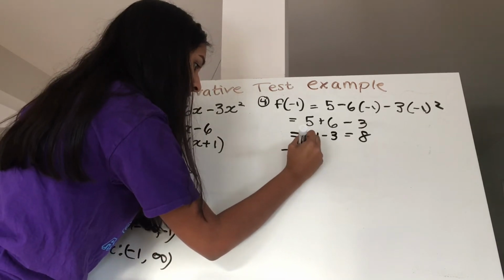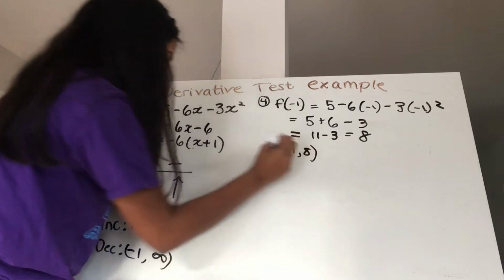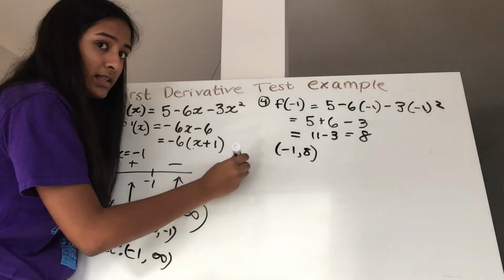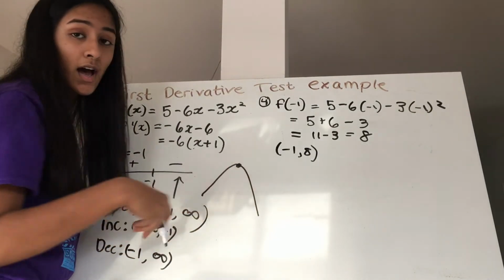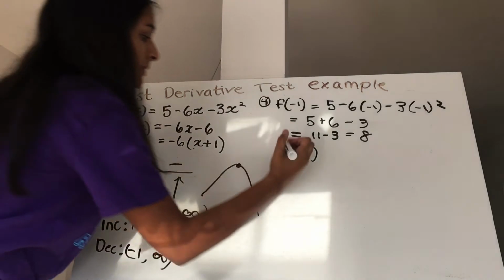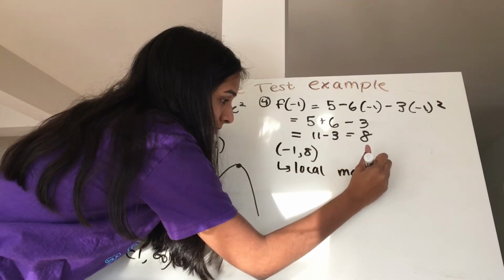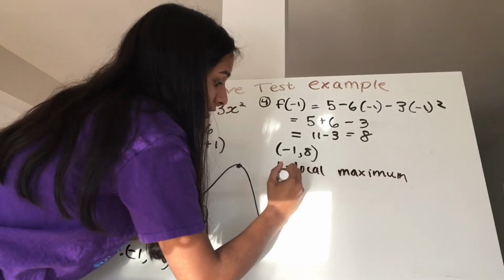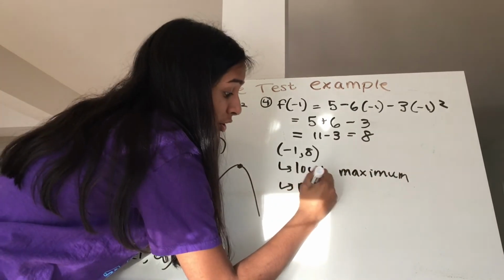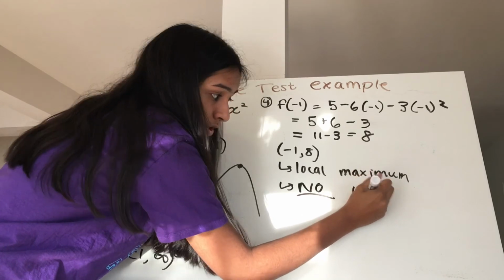So we get (-1, 8). And since we know that it's increasing and then decreasing, it's a maximum. So this is a local maximum. And we can determine that there are no local minimums.